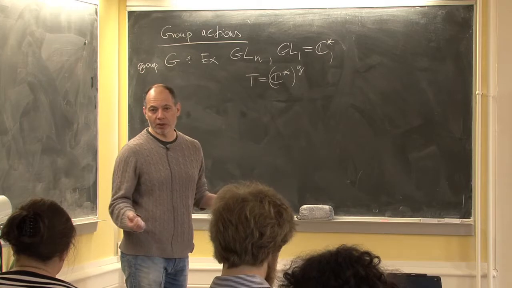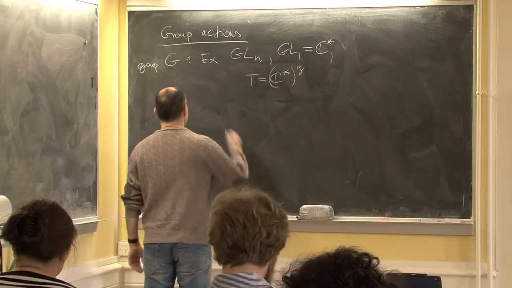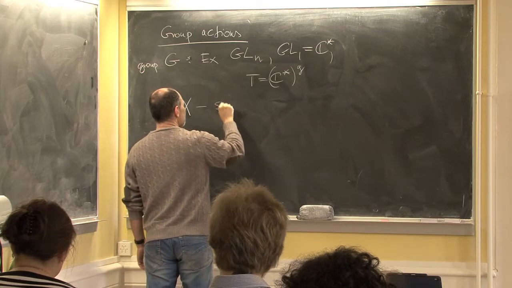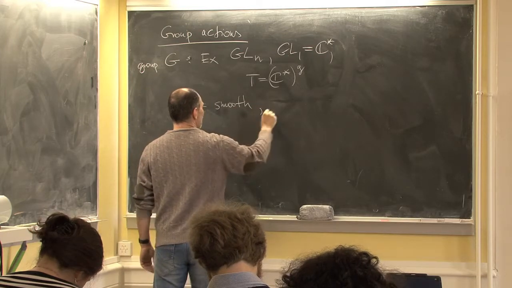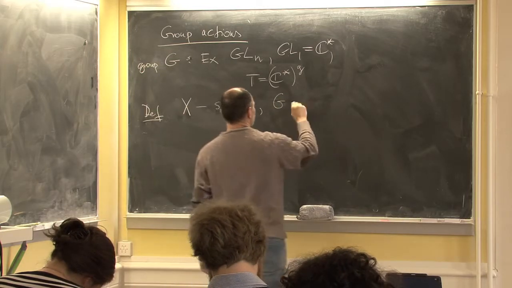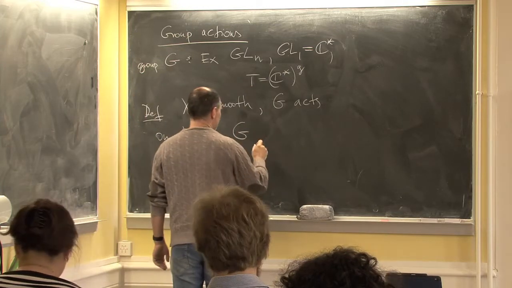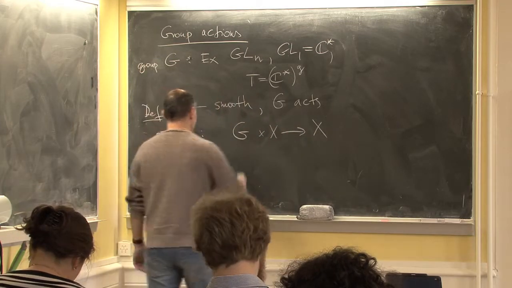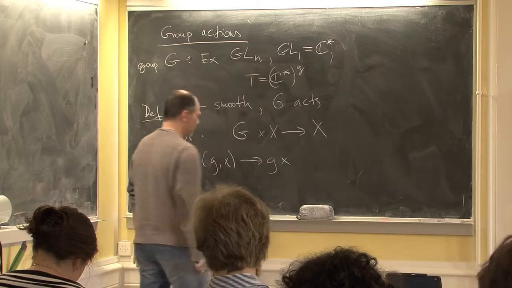So now this is what groups are. You know what groups are, so you multiply, right? So that's fine. And then there are group actions, and I suppose you also know what that means. So we will have some X, it could be just some smooth variety, and then we say G acts on X. So that's just a map like this, denoted this way, right?